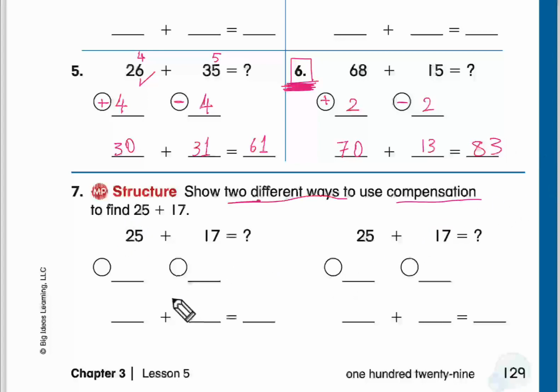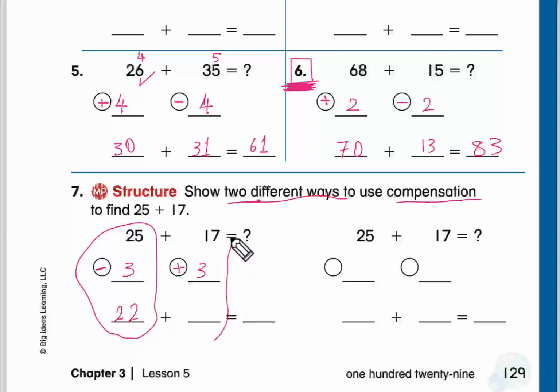25 plus 17 equals. I add here 3 in 17, and in 25 I minus 1. No, you should minus the same number, 3. Okay. 25 minus 3 equals 22.